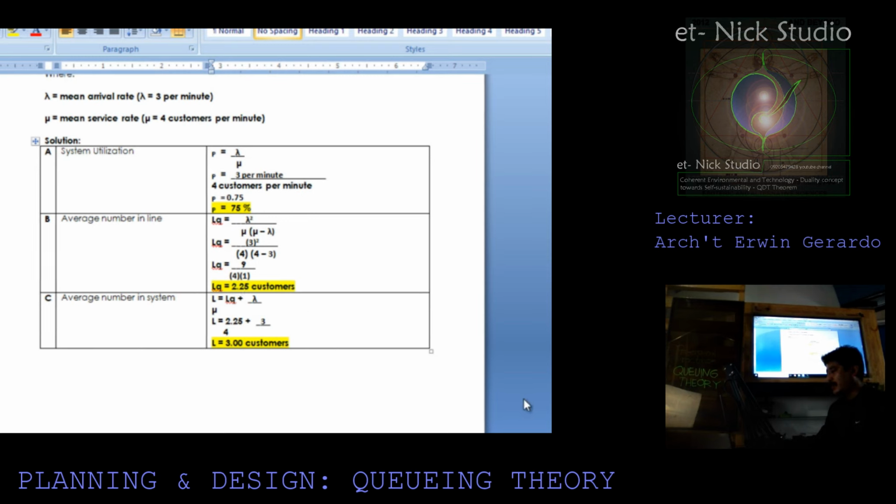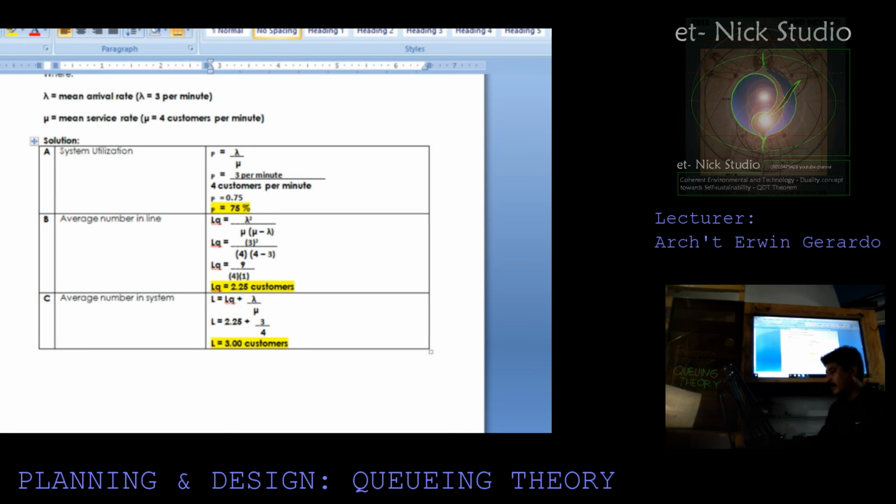Now, the average number in the system. So here, using the formula as what we have discussed a while ago, for L, we just substitute those values that were already computed. So here, the LQ is 2.25 plus the system utilization, which is actually equivalent to 3/4.